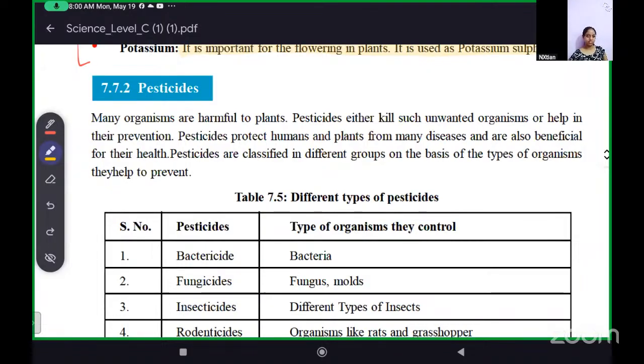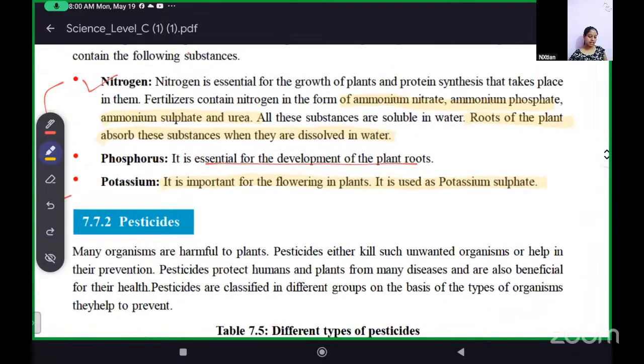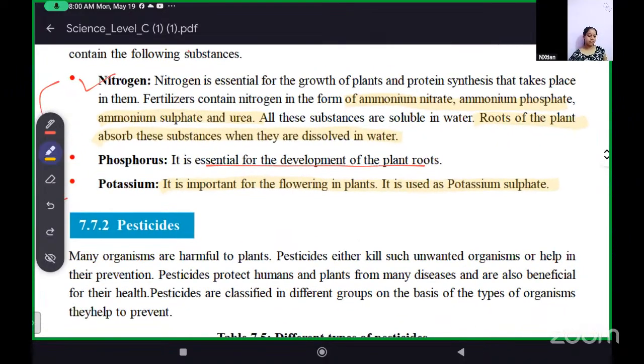Ma'am, is liquid nitrogen bad for the plant? Like if somebody just poured it on the plant, would the plant die? I think it has to be in the right composition. Liquid nitrogen, if you pour it directly on the plant, might not have a good effect.